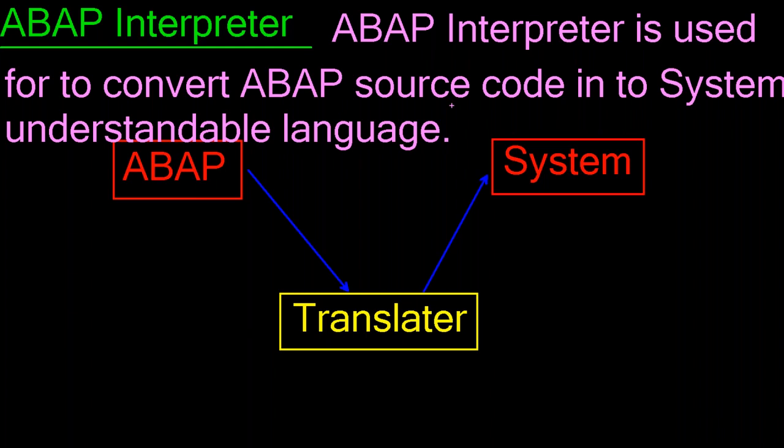Whenever we enter the T code, it is converted into system-understandable language by the translator. That is nothing but the ABAP interpreter, an ABAP translator. Each and every T code is developed by ABAPers only, so please remember this point. The ABAP language is not understood by the system, because the system can only understand zeros and ones. That's why the ABAP interpreter converts the ABAP source code into system-understandable language.